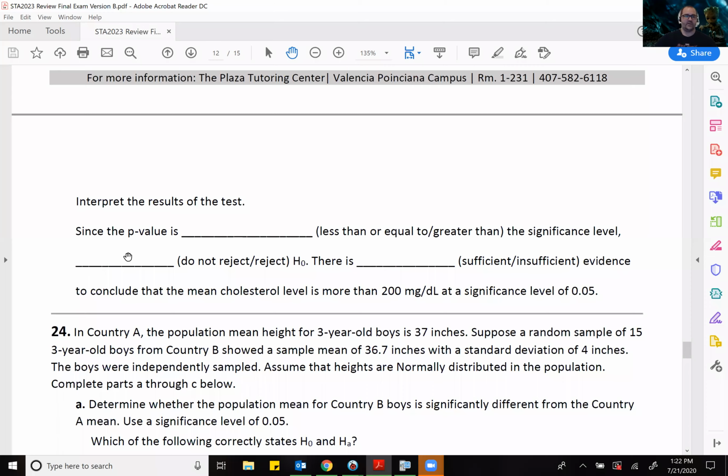So when we come up here, it says since the p-value is blank, well, in that blank, we know that it is greater than the significance level. That means we are going to fail to reject. So we do not reject the null hypothesis. And there is insufficient evidence, because when you do not reject, that means you have insufficient evidence.